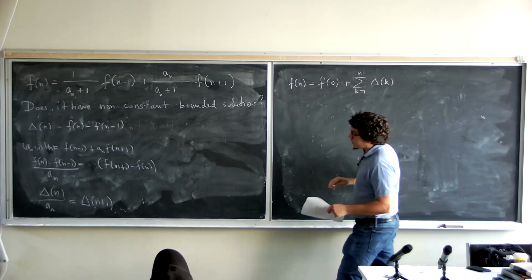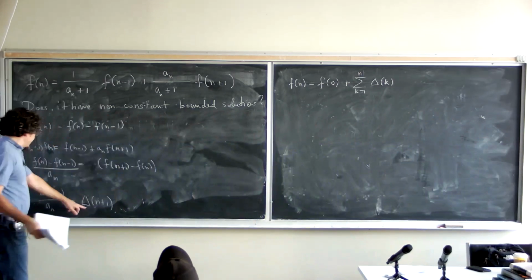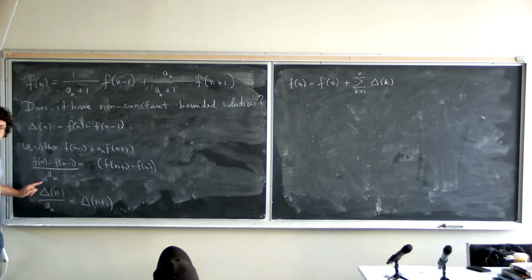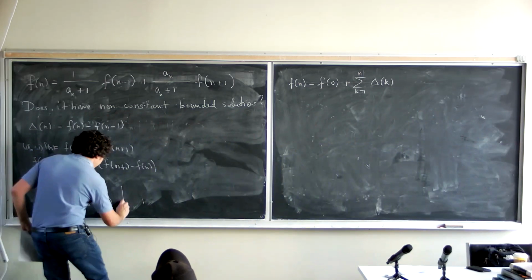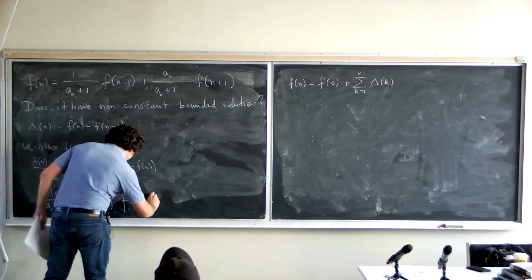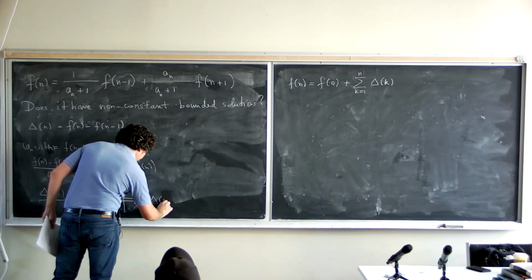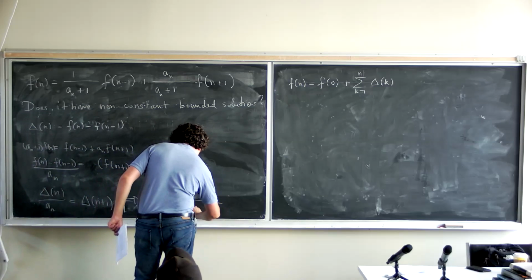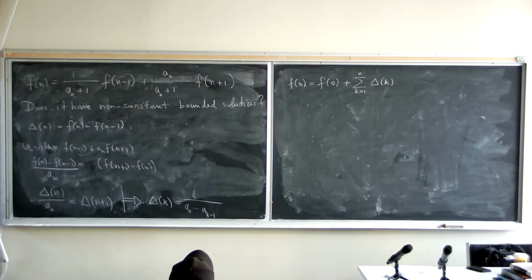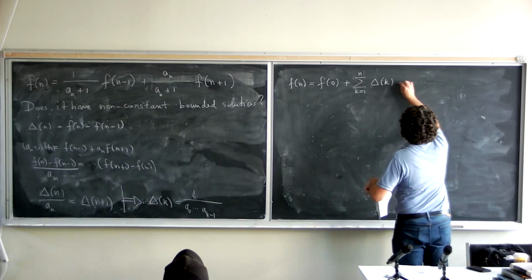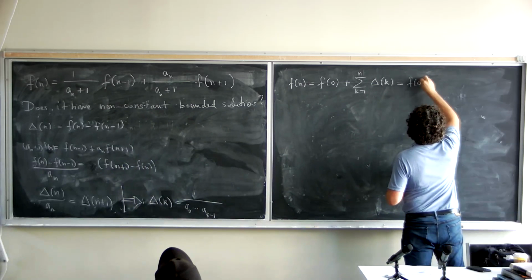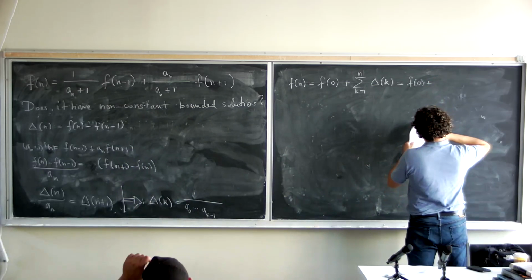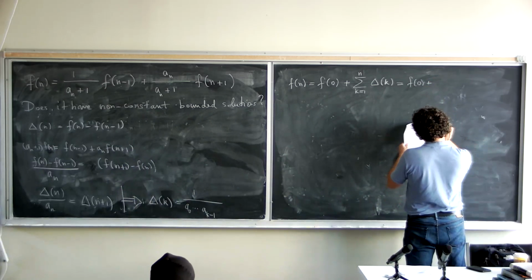And now by induction, you can see that delta k is 1 over A0. Okay, right. So from here, you see that delta of k is 1 over A0 up to A k minus 1, I think. Just this. Right. So this is f of 0 plus the sum.